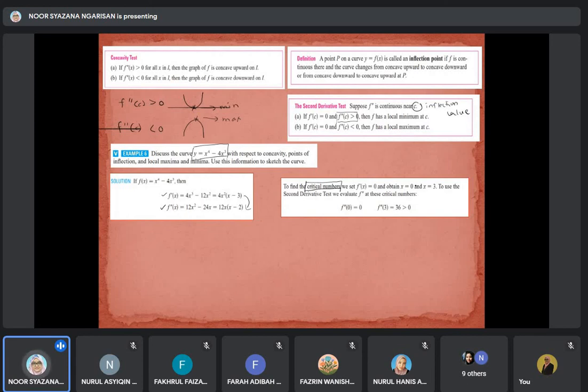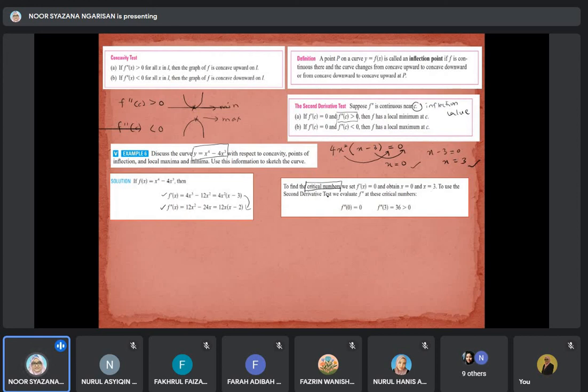Daripada situ awak akan dapat x sama dengan kosong dan x sama dengan 3. F prime x, 4x squared times x minus 3 equals 0. So from 4x squared equals 0, we get x equals 0. From x minus 3 equals 0, we get x equals 3. So these are our critical values.